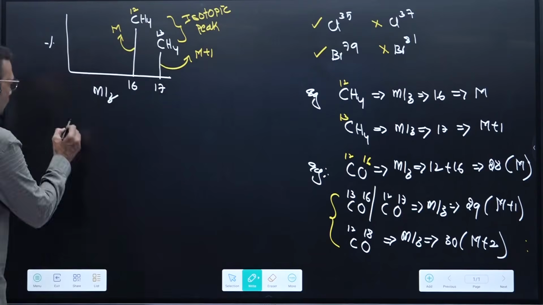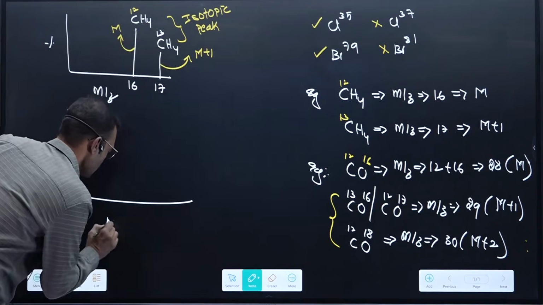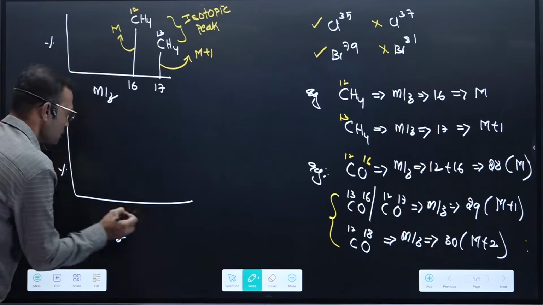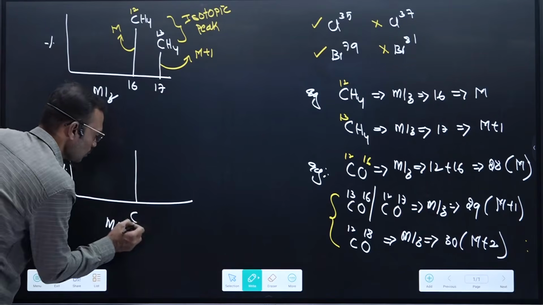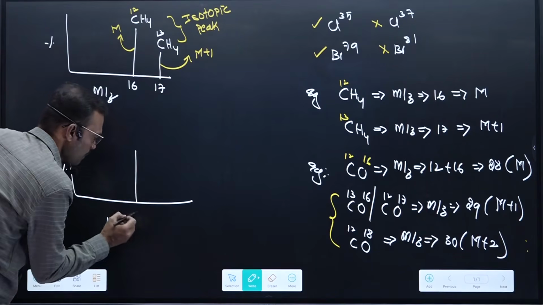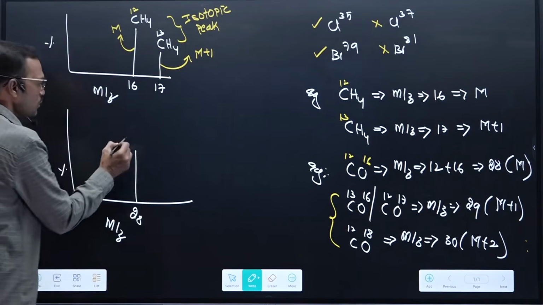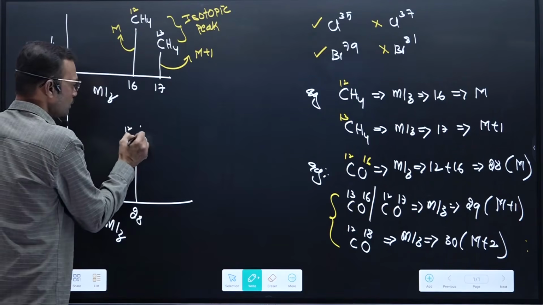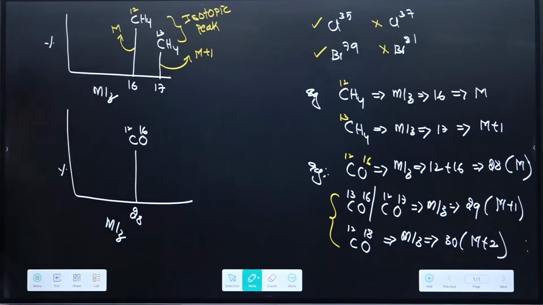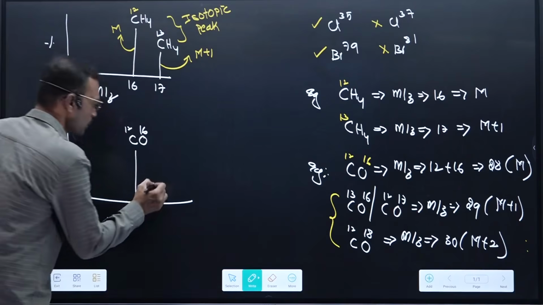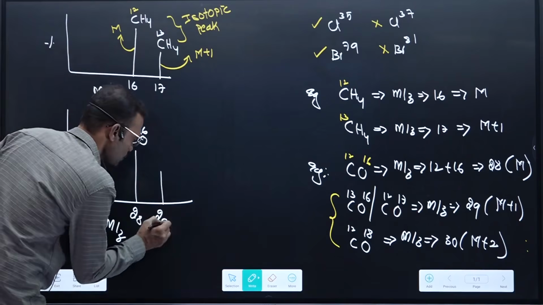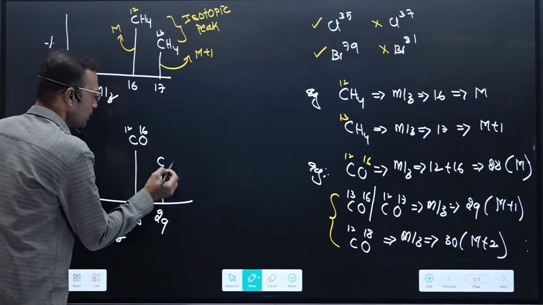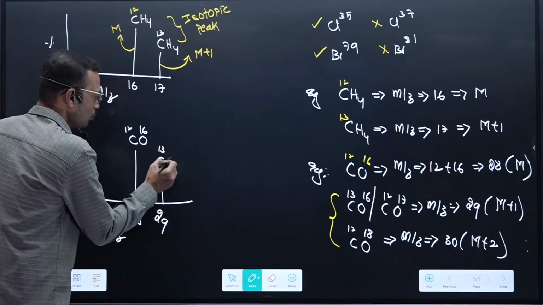Okay. Now, one more possibility. Here this is the M/Z value and this is the percentage of intensity. Now here I am writing CO. CO lighter isotope, how much? 28. 28 means, what is the possibility? CO, 12 and 16. Then one more possibility, you will get 29. C13 O16.